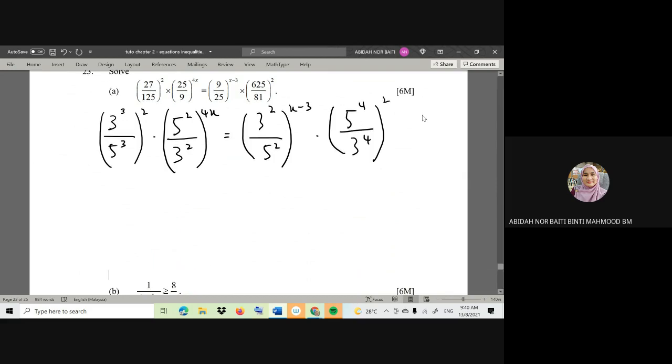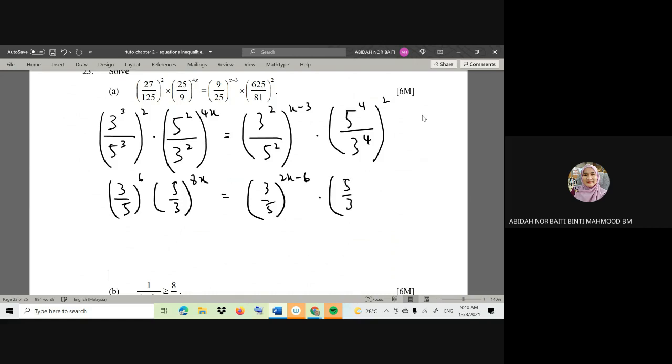Change everything to the simplest base. Then here we get 3 over 5 power of 6, 5 over 3 power of 8x equal 3 over 5 power of 2x minus 6, 5 over 3 power of 8.